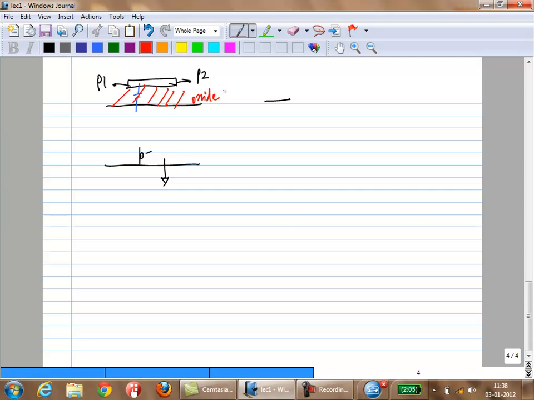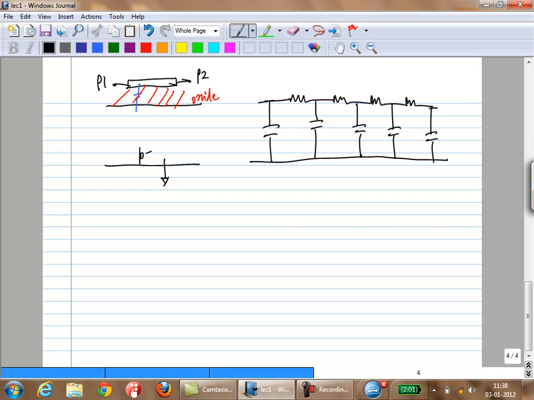It's like a parallel plate capacitor, and it's a distributed capacitance. So if you have a certain length, you probably want to model it, let's say, in 4 sections. You may end up modeling it like this: P1, P2, and let me call this bulk, with R by 4 for each section.